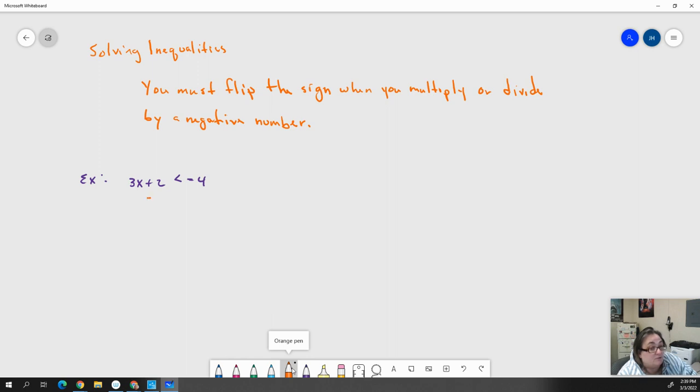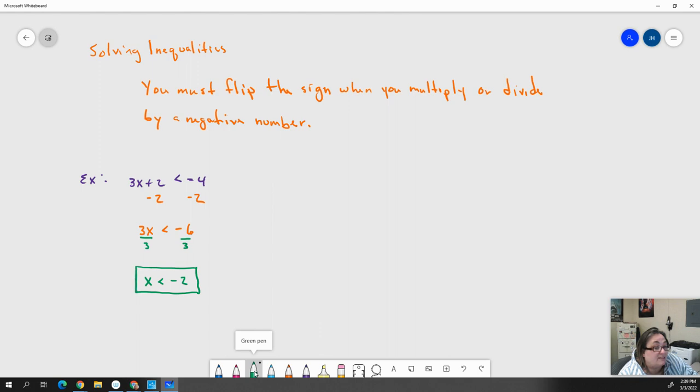So I'm going to start by subtracting 2 from both sides, and I get 3x is less than negative 6. And the only thing left on that x now is the 3 that's multiplied to it. So I'm going to divide by 3, and I'm going to have x is less than negative 2. That is my solution.